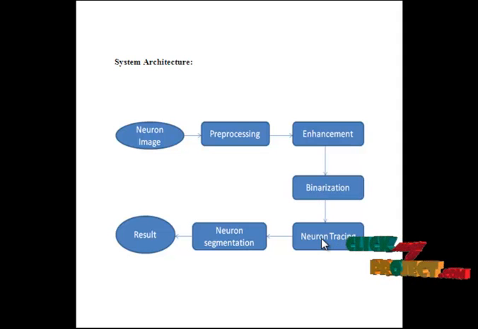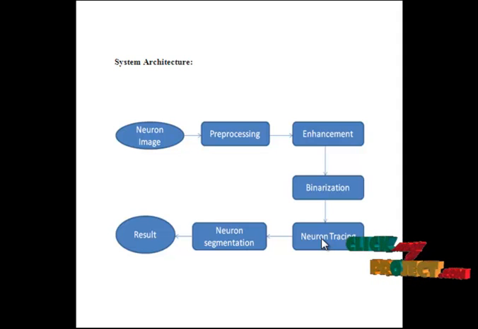Here we are tracing the neuron in the input image. For tracing the neuron, the alpha-beta graph pruning algorithm will be used. It is a search algorithm that seeks to decrease the number of nodes that are evaluated by the minimax algorithm in its search tree.